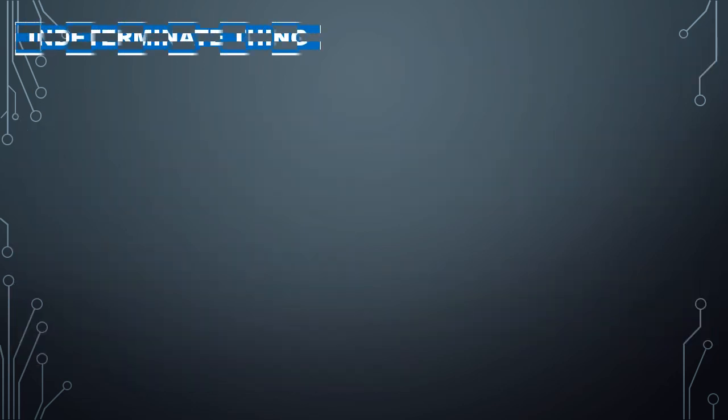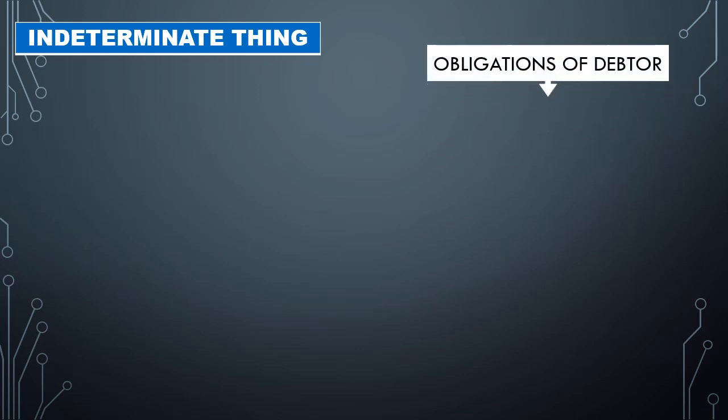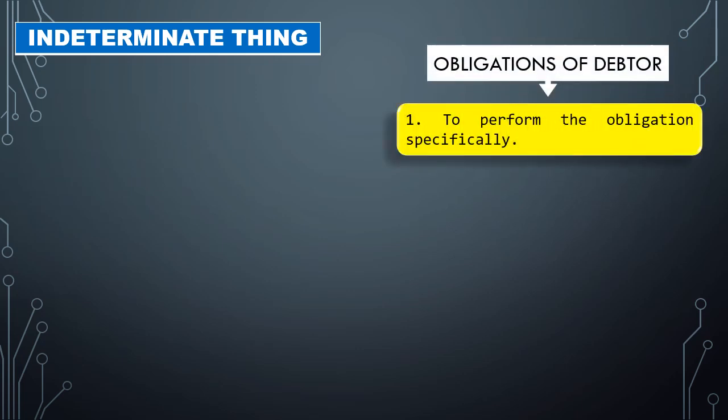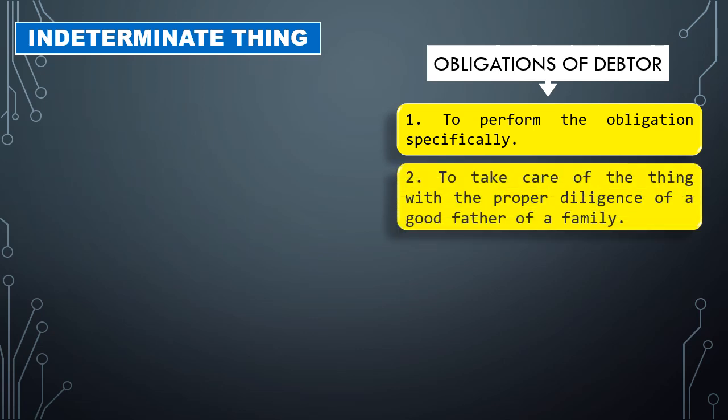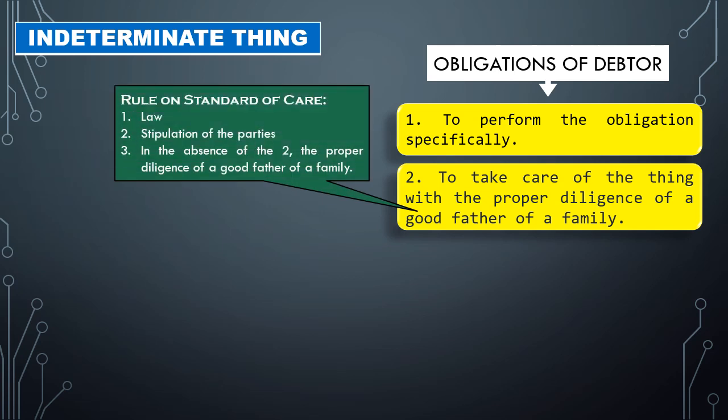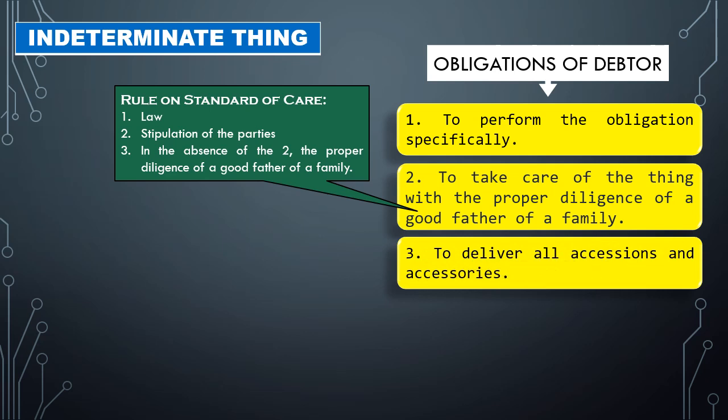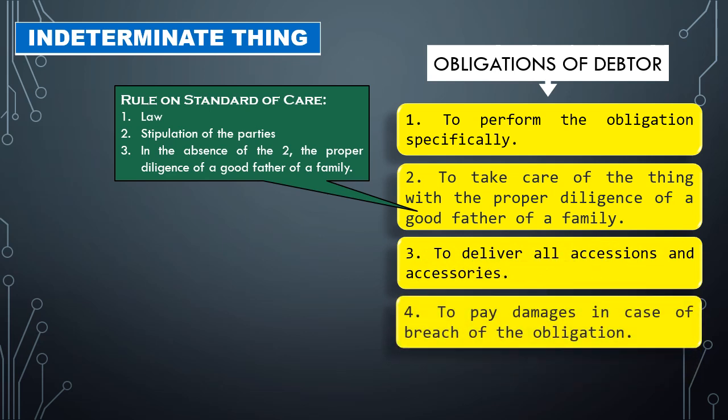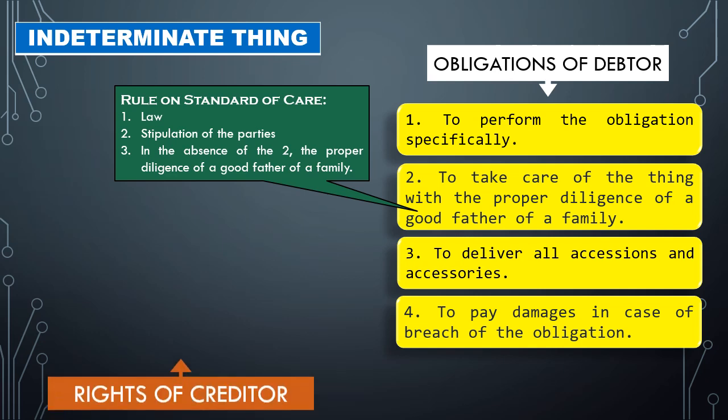So just to sum up what we have discussed, if the thing involved is determinate or specific thing, the obligations of the debtor are the following: to perform the obligation, specifically to take care of the thing with the proper diligence of a good father of a family, and recall your rule on the standard of care, and to deliver all accessions and accessories, and to pay damages in case of breach of the obligation.